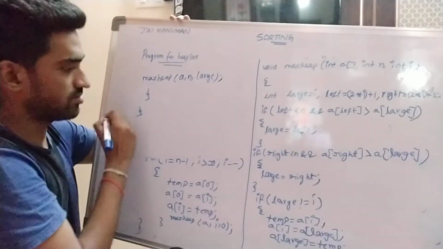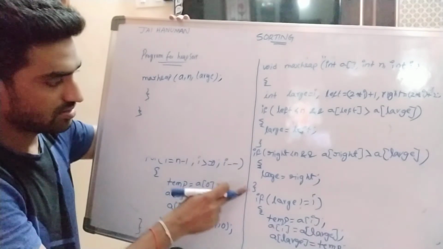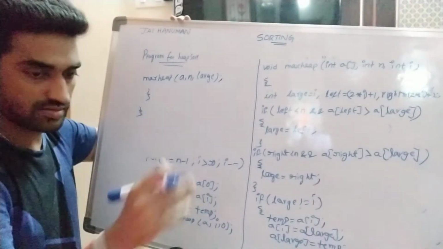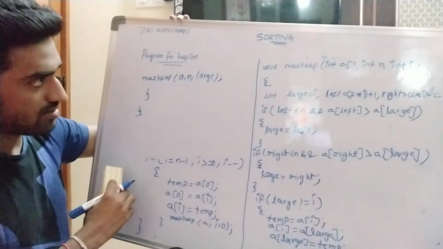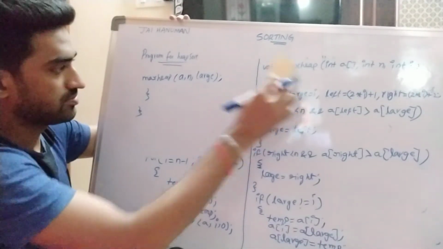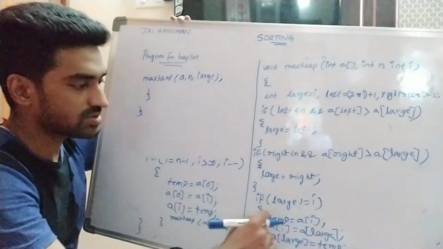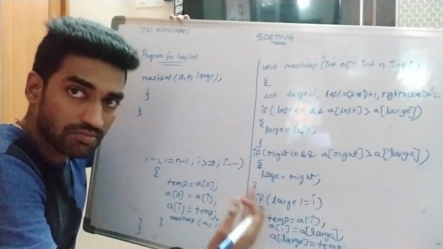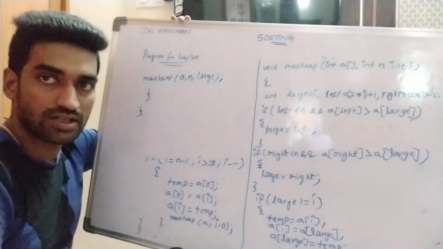Close brace, close brace. This closing is for the entire function, right? So this is the procedure. By using this procedure, we can arrange all the elements in max order, right? So this is about the program.